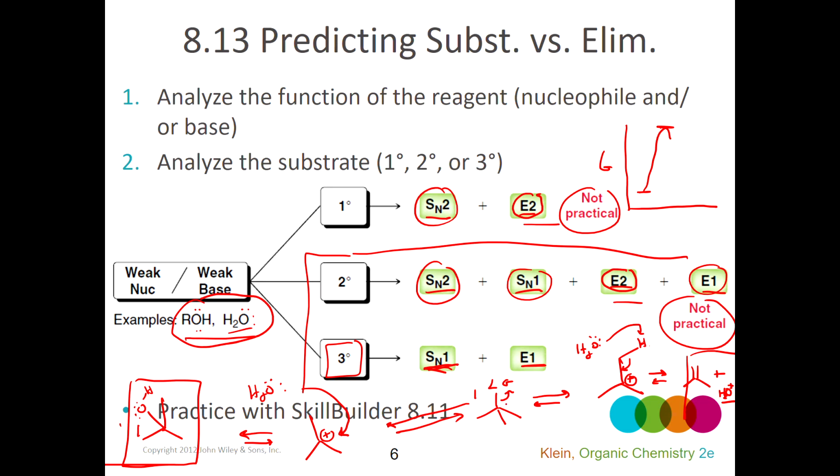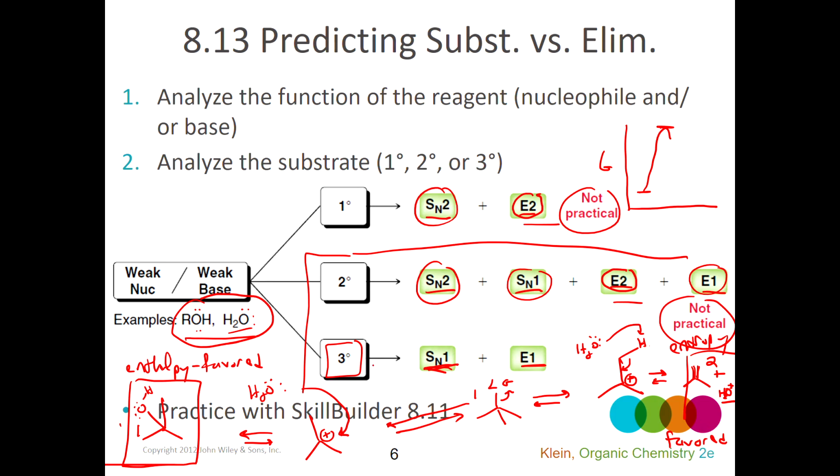If I do an elimination by pushing out the leaving group and producing a pi bond, I also get this water picking up a proton, so I also get a second molecule. So for every 1 of these, I get 2 products. So when you do an elimination reaction, that process is favored by entropy, but the pi bond is not as stable as the sigma bond, so the substitution process is favored by enthalpy. This one is entropy favored.